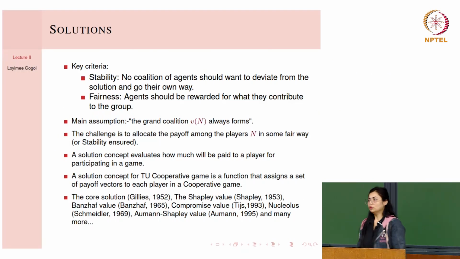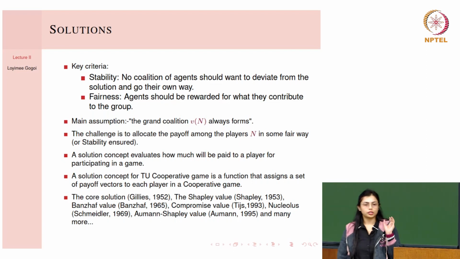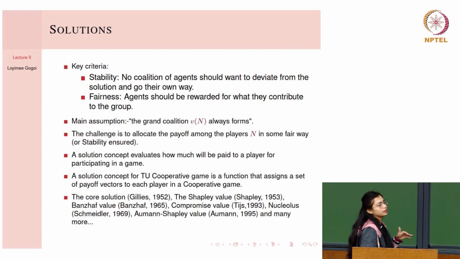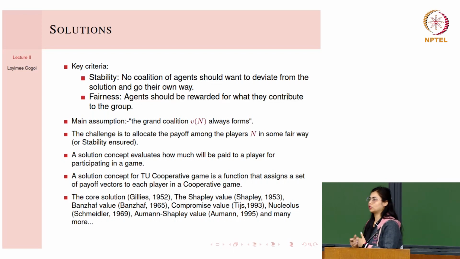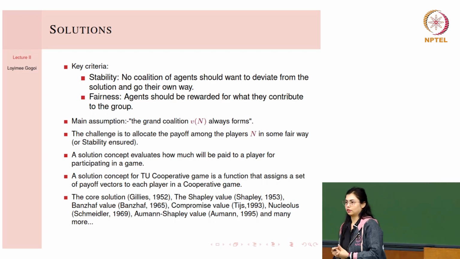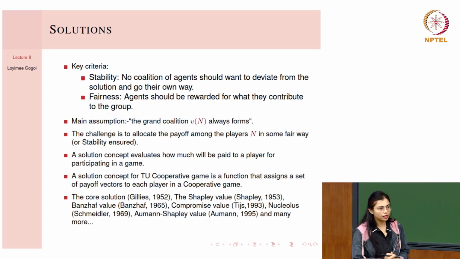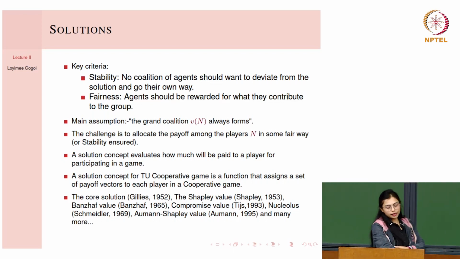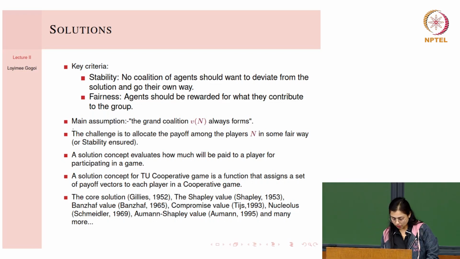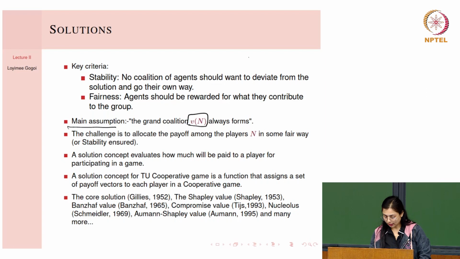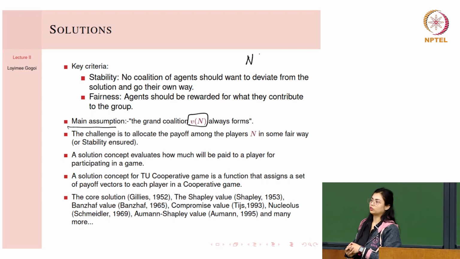Okay, so once the coalitions are formed, we define the game. Now the question is how we are going to distribute the outcomes. The main assumption we always consider is that N is the player set, and V of N is the grand coalition, which will always form.